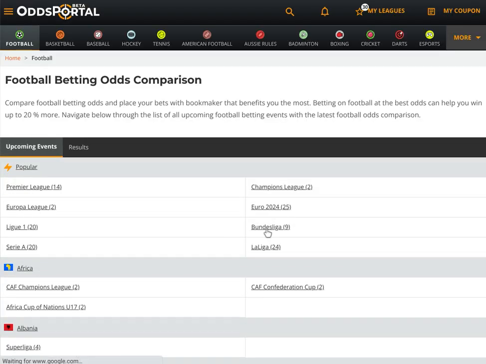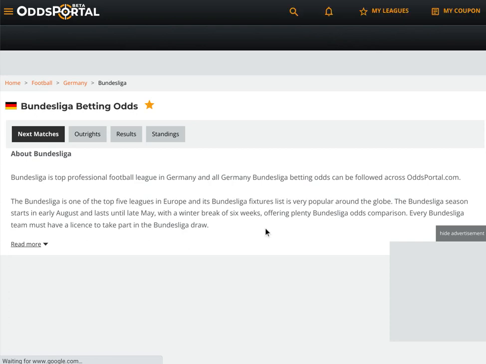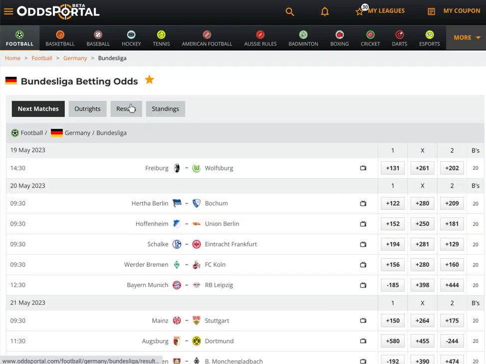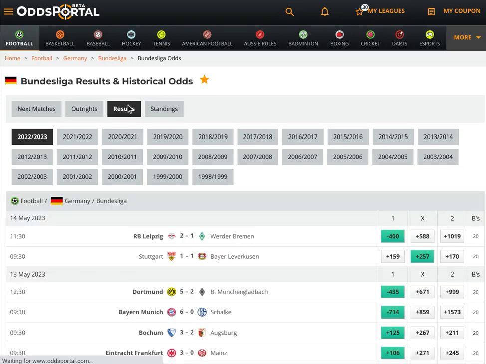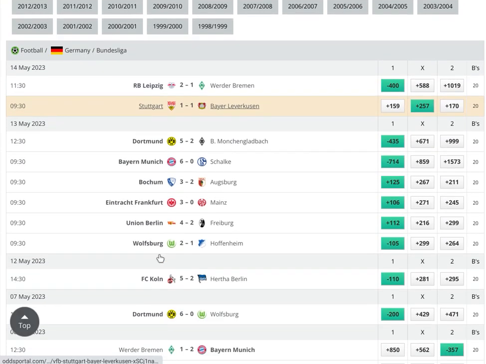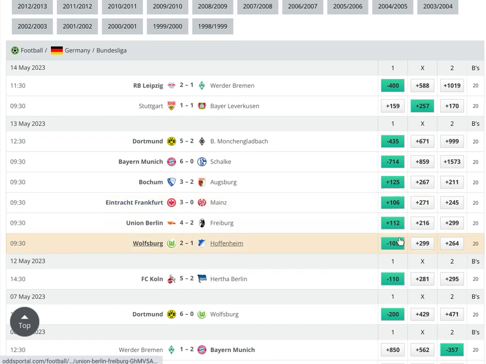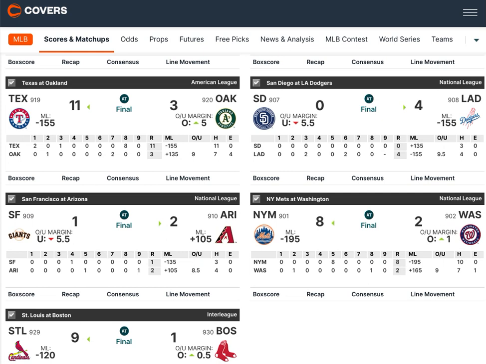And so the point I want to make is that when I incorporated form into this model, it paid huge dividends, and it makes it easier to pull the trigger. And you can see there, Union Berlin, they're 4-2 over Freiburg there at minus 112. So you can try to find the sweet spot.